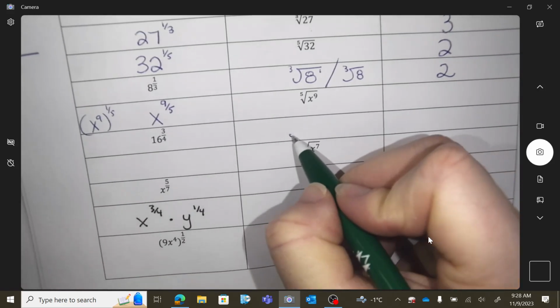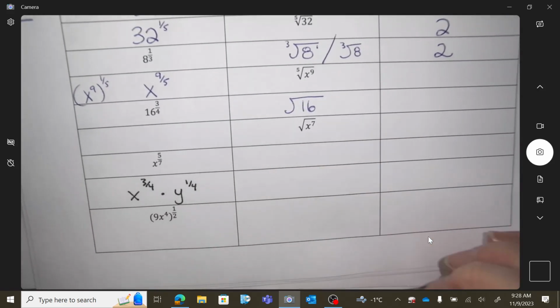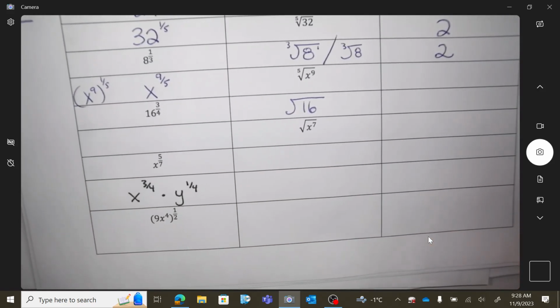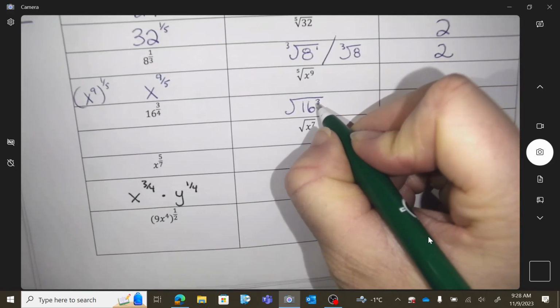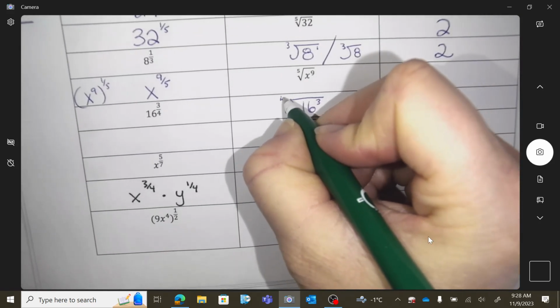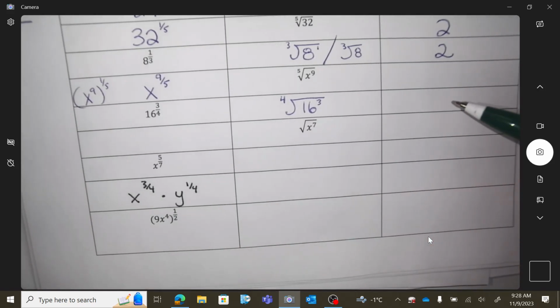Okay, so here, the radical, so I'm going to put the 16 in there. And how do you put a 3 somewhere and a 4 somewhere? 16 cubed with a 4th root. Okay.